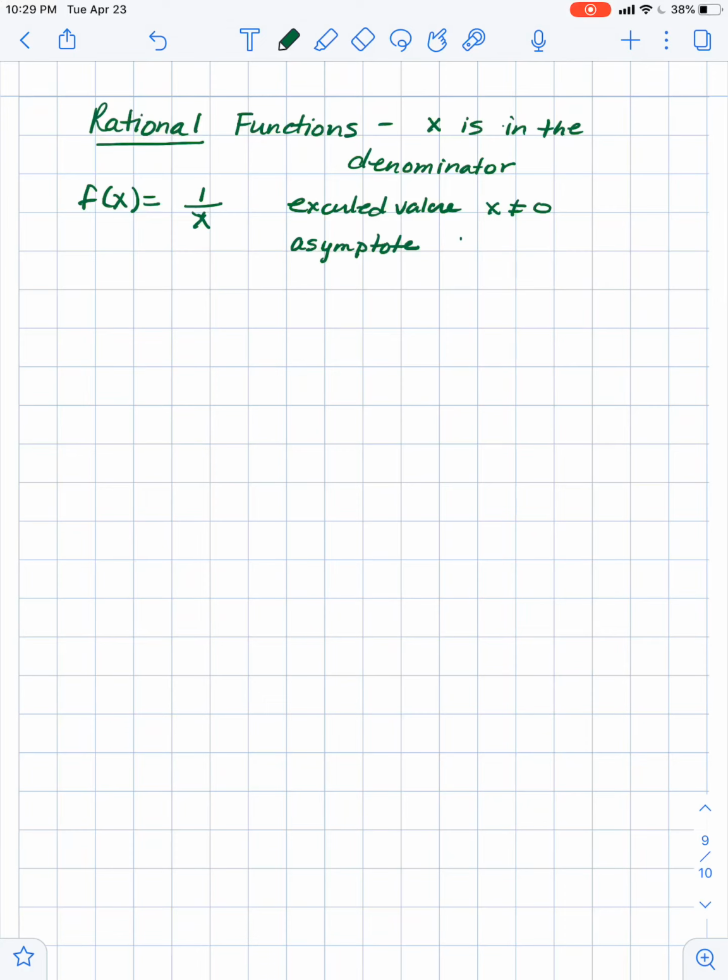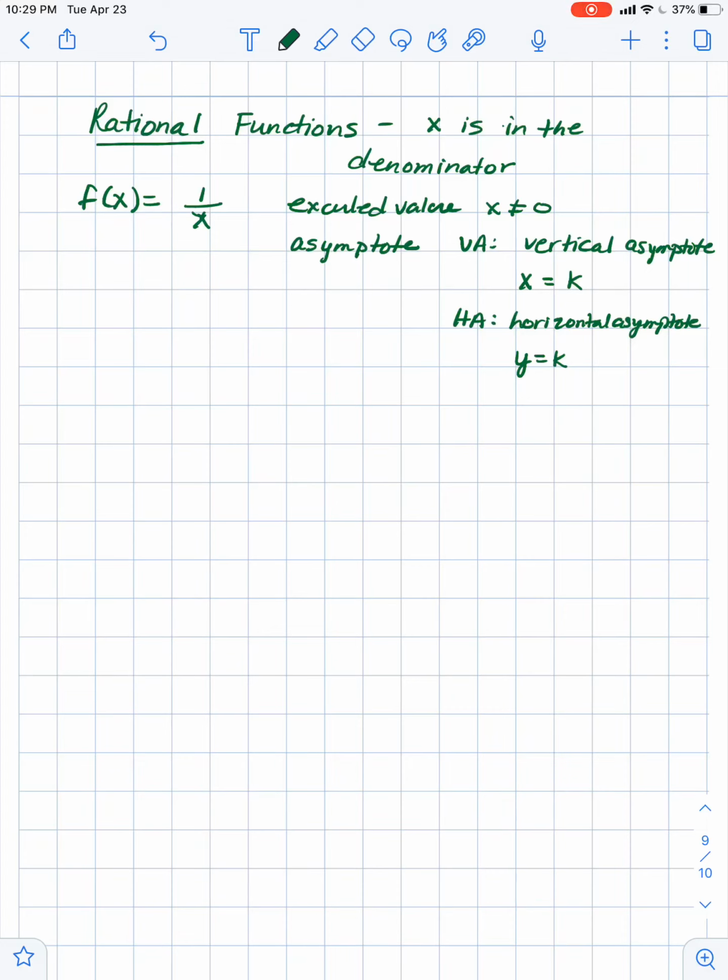We have one that we call the vertical asymptote. Since it's a vertical line, it will always be x equals some number. We have your horizontal asymptote, which is a horizontal line, so it will be y equals some number.